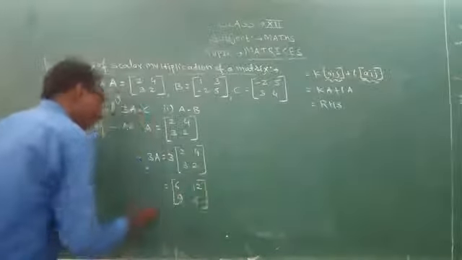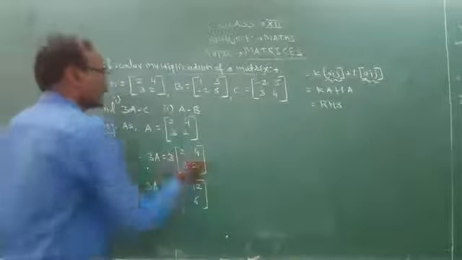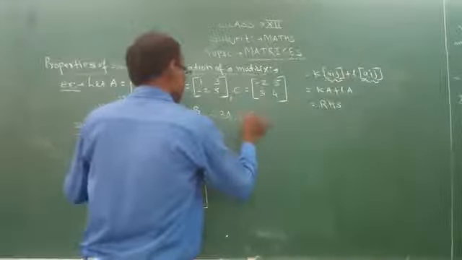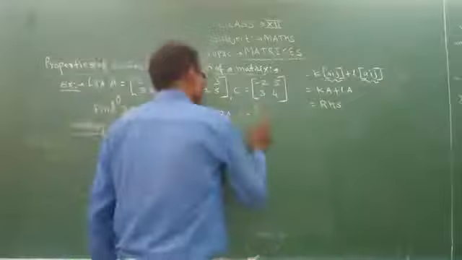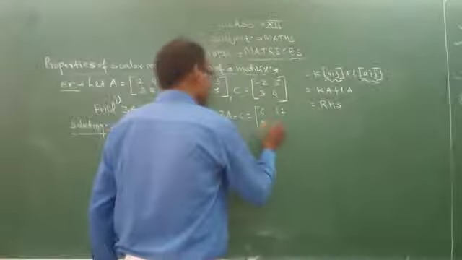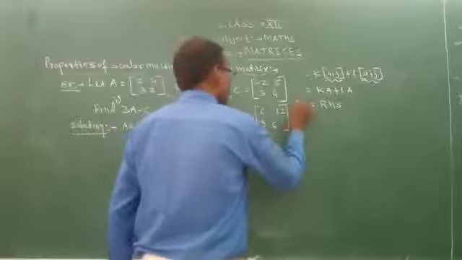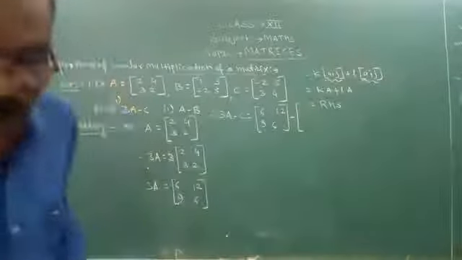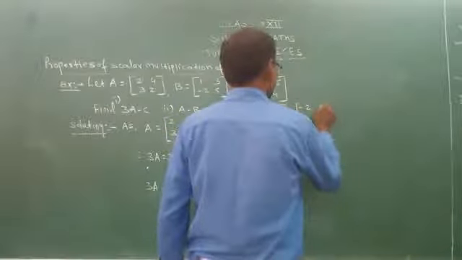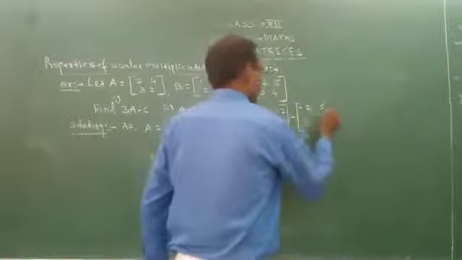So this is your 3A. Therefore 3A minus C equals 6, 12, 9, 6 minus C, which is minus 2, 5, 3, 4.